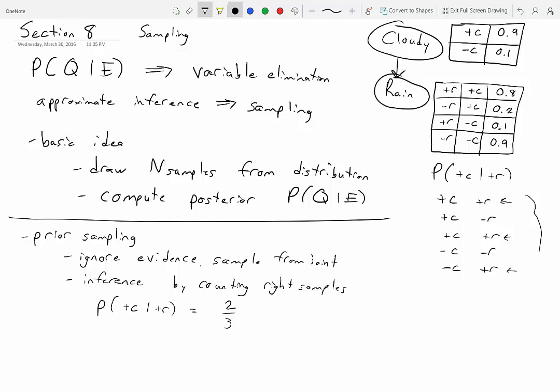But now we notice that when we were computing the probability of plus C given plus R, we ignored 2 samples. So it seems like we did some wasted work. So this is where rejection sampling comes in, which is another algorithm. That's a modification of prior sampling.